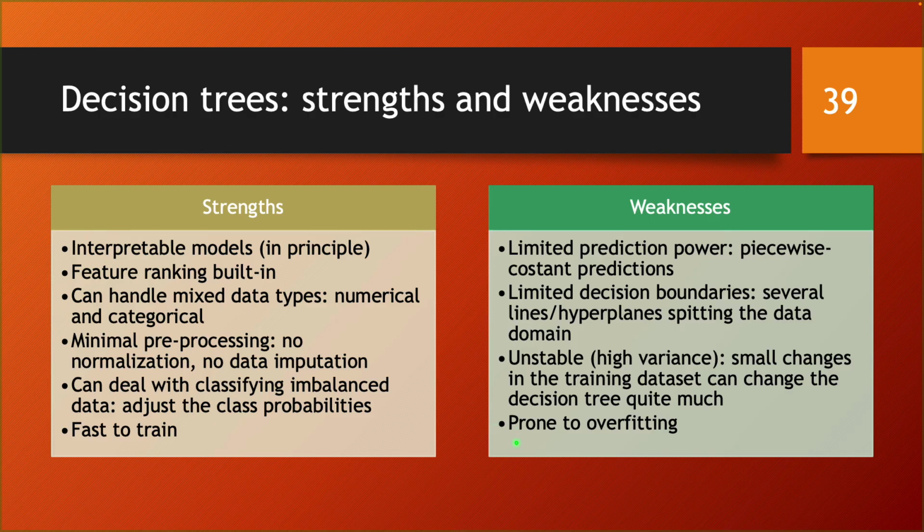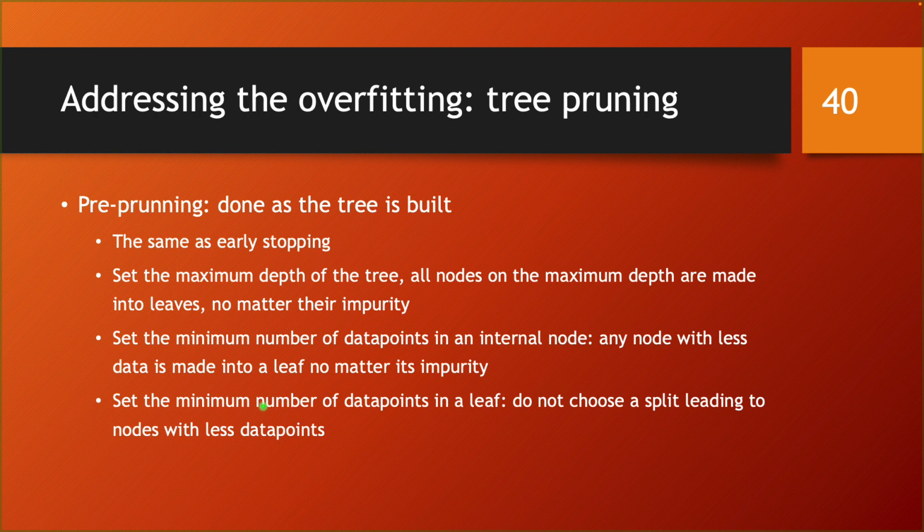And I want to spend some time to discuss measures you can take to deal with the overfitting of such models, so that you can have access to these strengths that they do have. So there are several things that you can do.